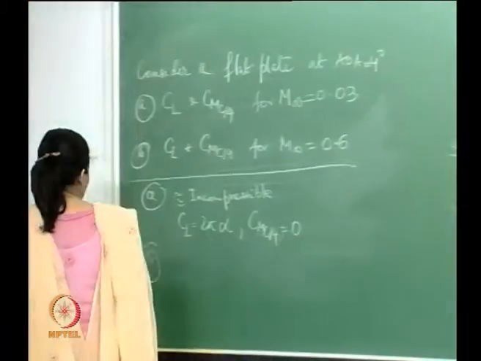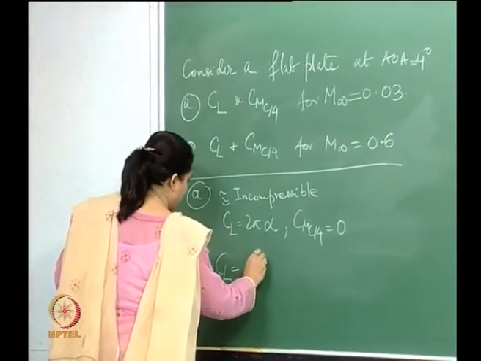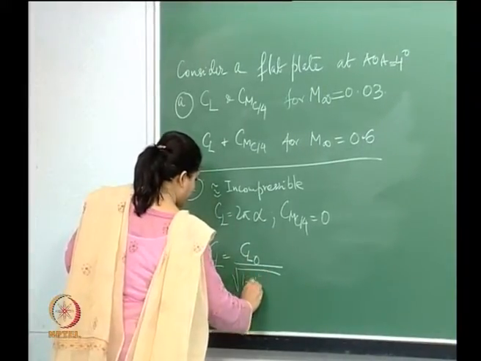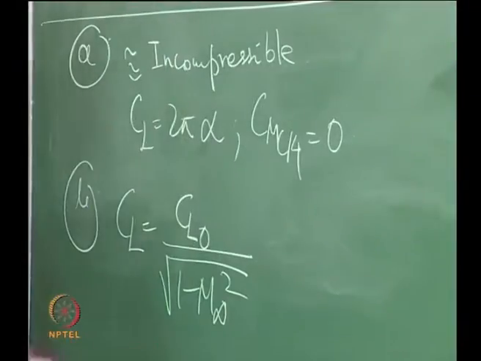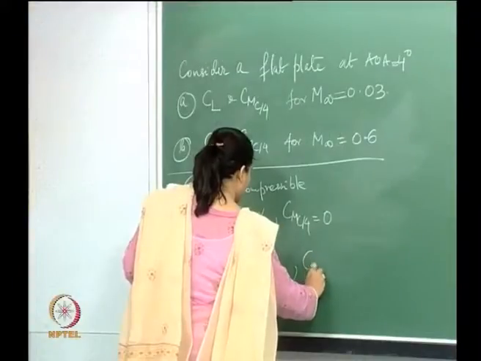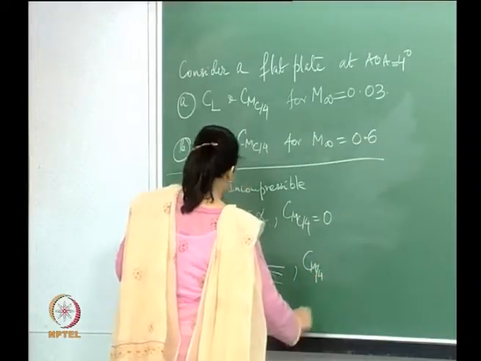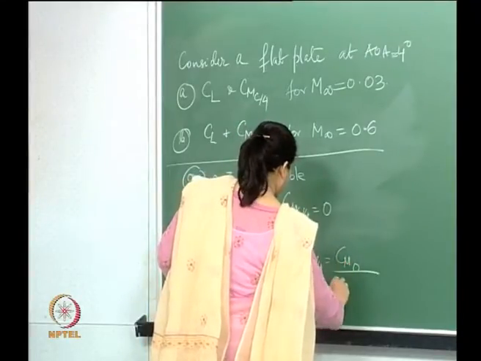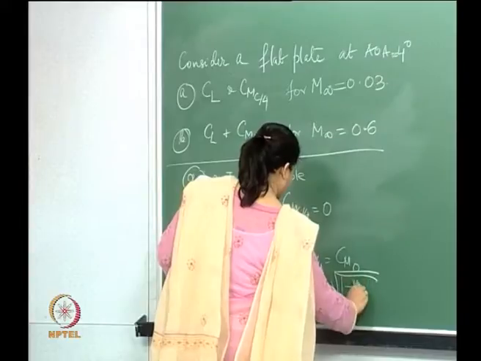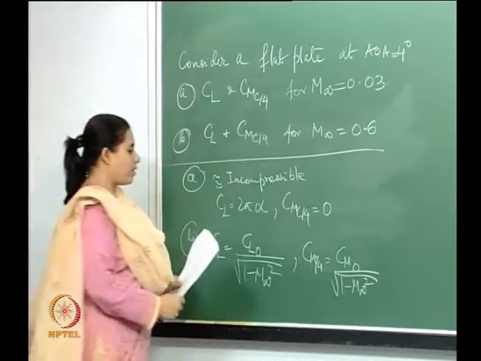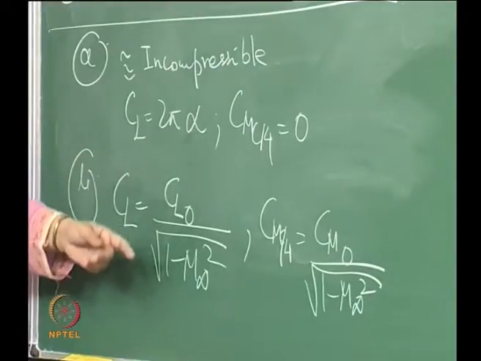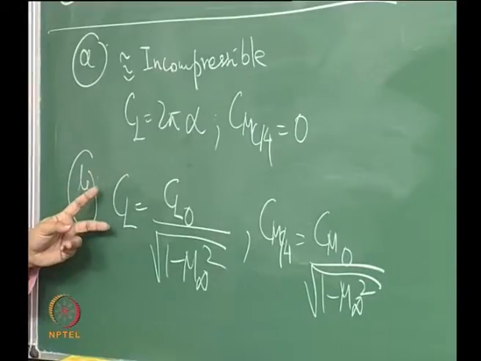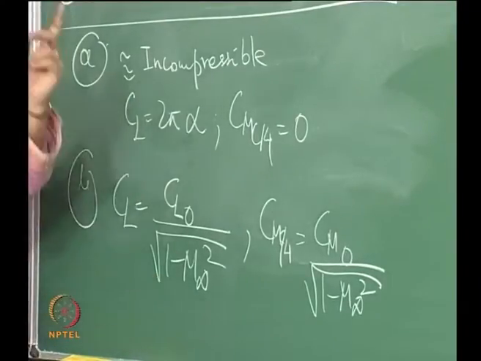So, if you remember, what we had was CL was the incompressible CL, and so this is basically the free stream Mach number here, which is 0.6.